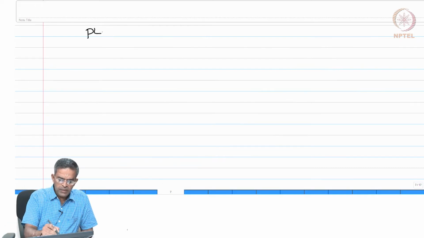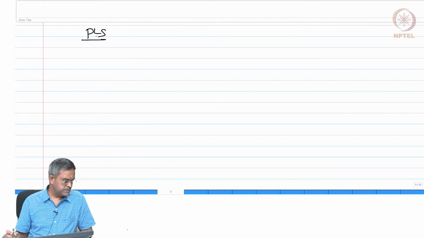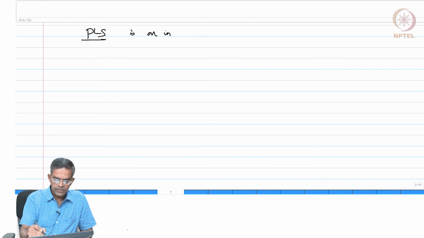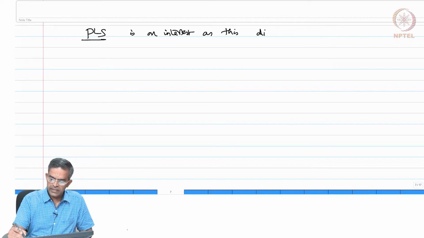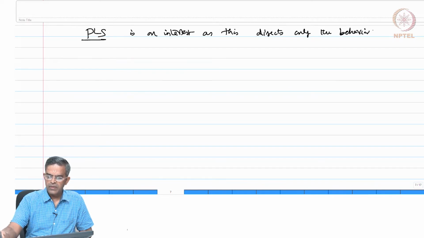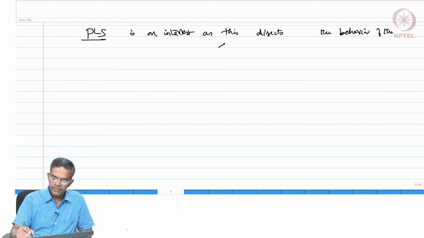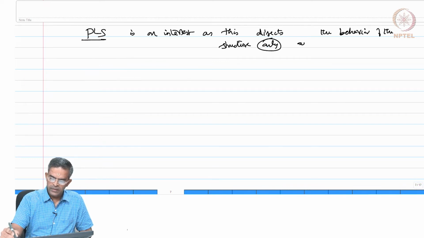Now, the progressive limit state of collapse is of interest as it dissects only the behavior, or it dissects the behavior of the structure only at critical sections.